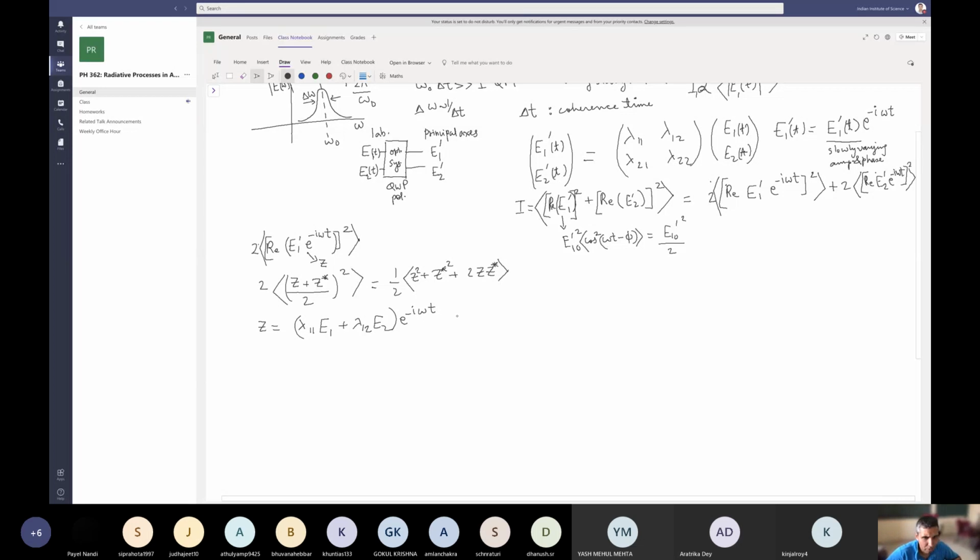What is z squared? z squared is equal to lambda 11 squared e1 squared plus lambda 12 squared e2 squared plus twice lambda 11 lambda 12 e1 e2, times e to the minus twice i omega t. I'm just squaring it.